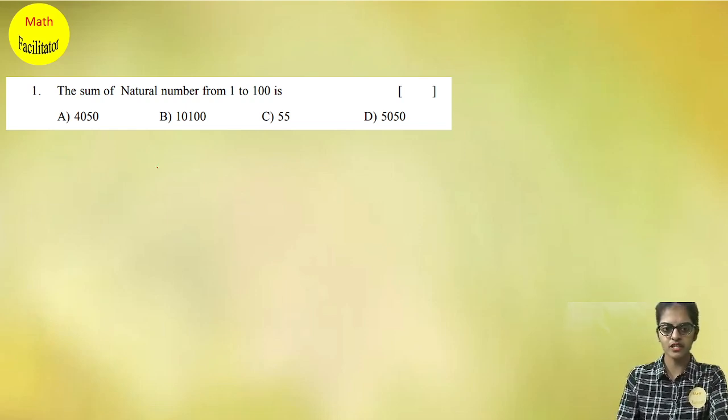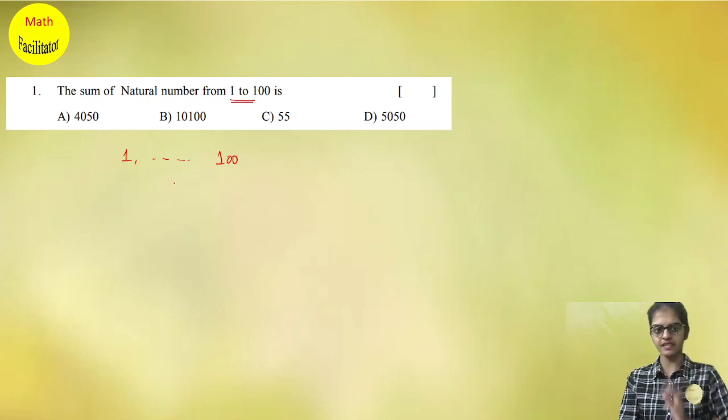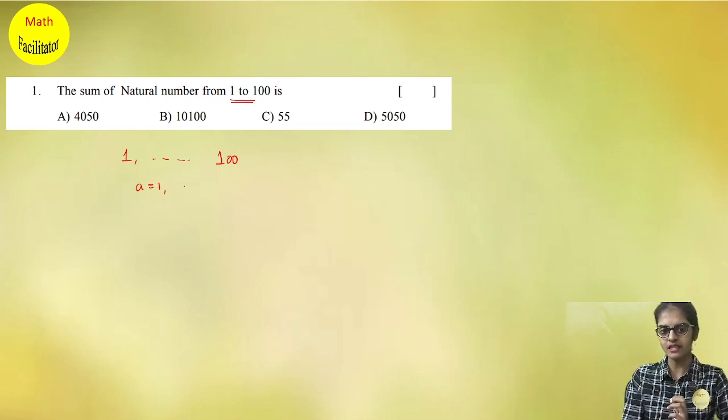So see the first question. The sum of natural numbers from 1 to 100. So you need to find the sum of the natural numbers from 1 to 100. From this series, I can see very clearly first term is 1, last term is 100, and common difference between every number is simply 1.